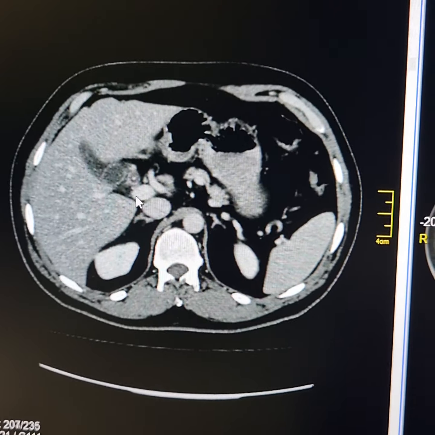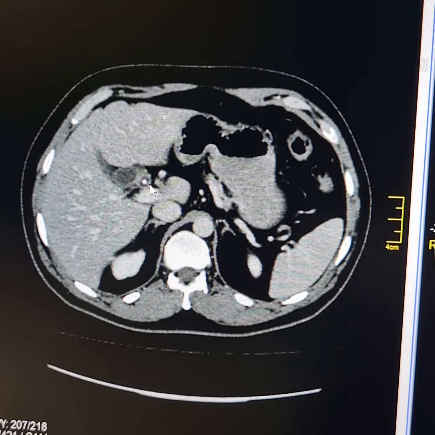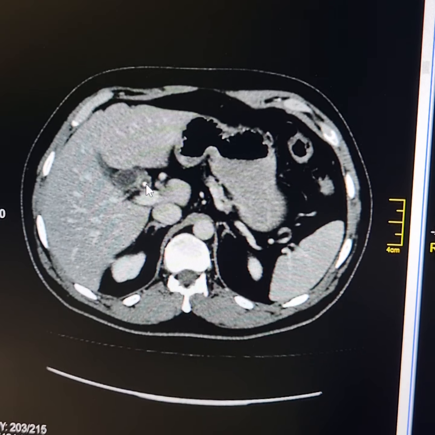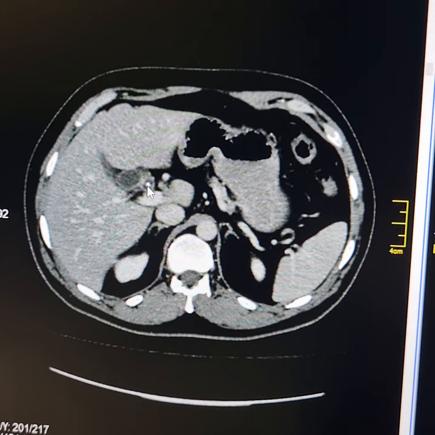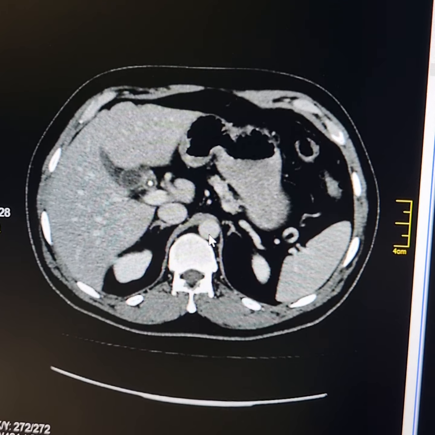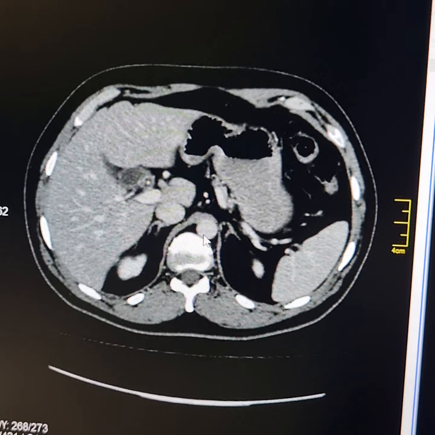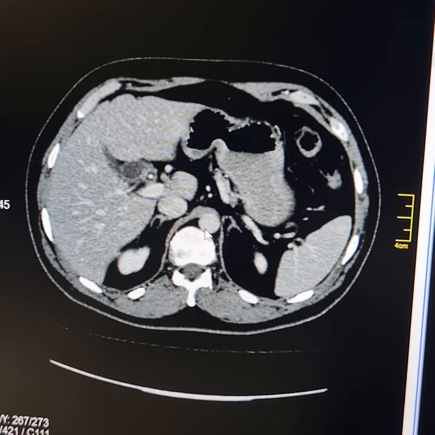So the second reason for sharing such a CT is that these are small calculi in the region of the neck of the gallbladder which are likely to be missed if one is casual in doing the ultrasounds.